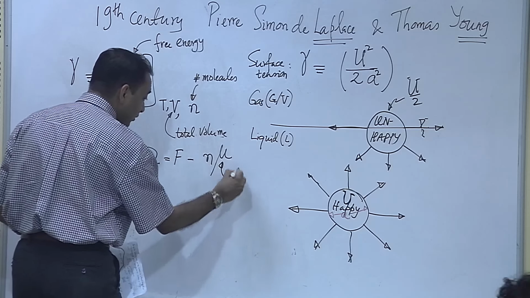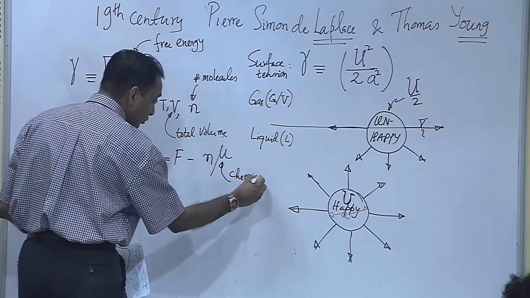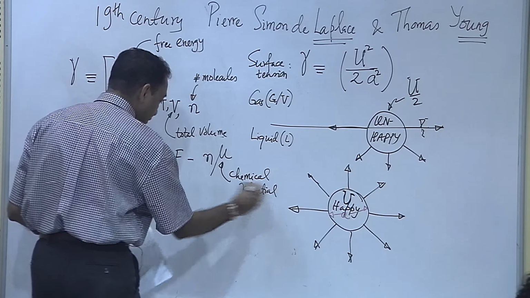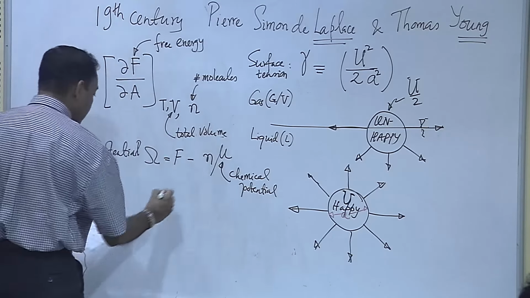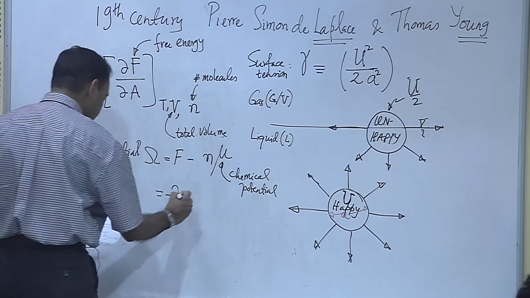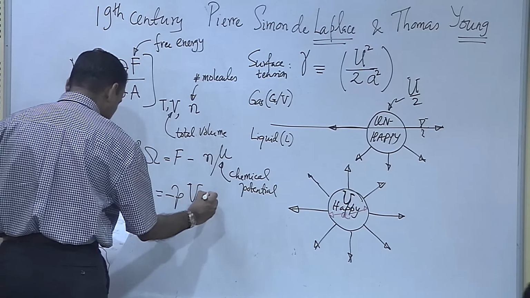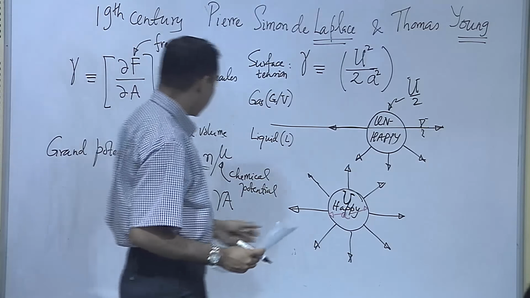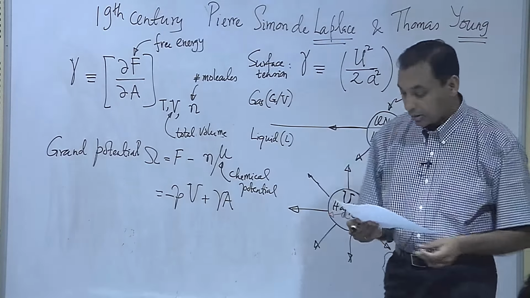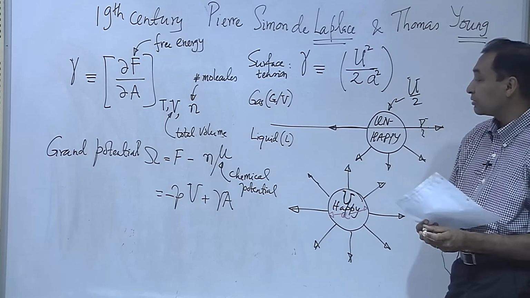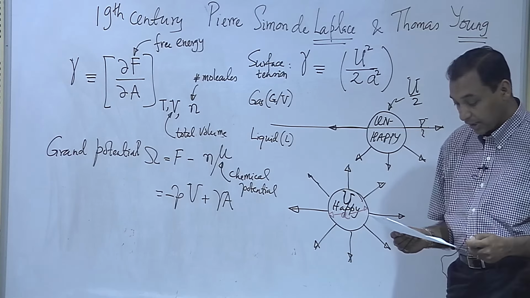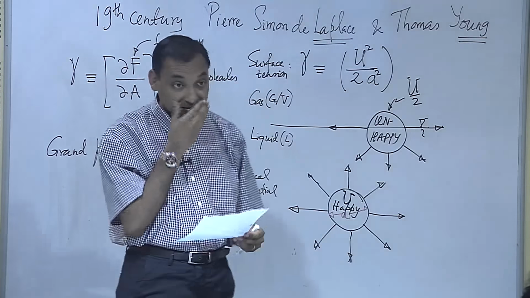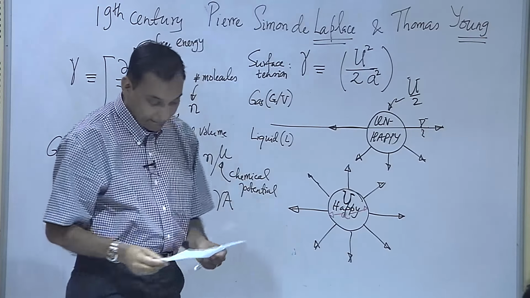So this mu is the chemical potential, and that can be related to the state as minus P times the volume plus gamma times the A. So there are various forms of this potential one can write in terms of the grand potential.